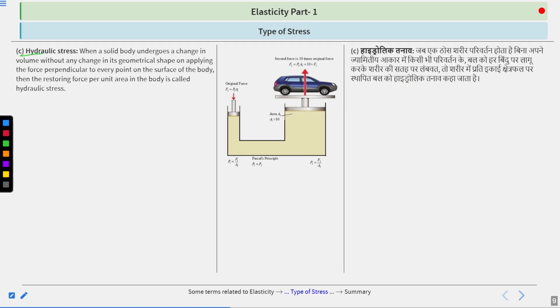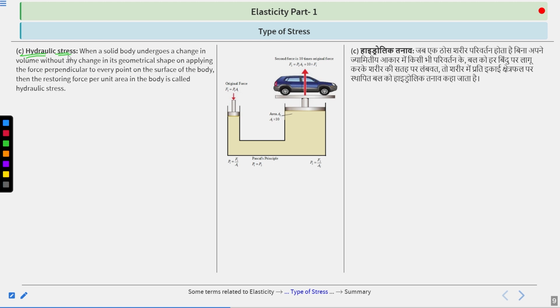Thereafter, the hydraulic stress. When a solid body undergoes a change in volume without any change in its geometrical shape, on applying the force perpendicular to every point on the surface of the body, then the restoring force per unit area is called the hydraulic stress.